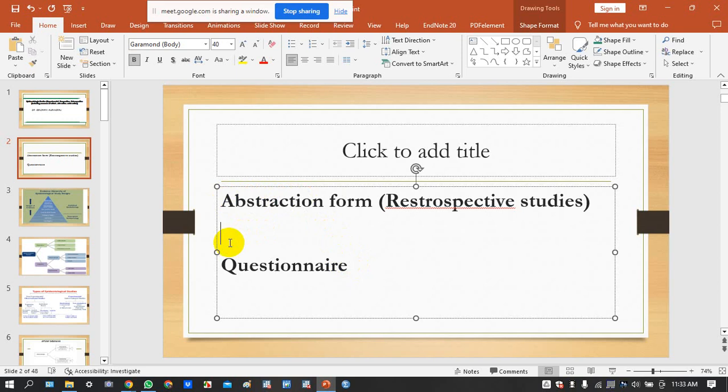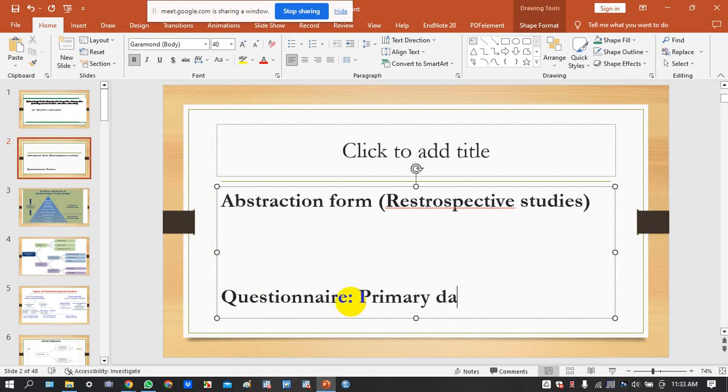So for a questionnaire, if the patient is there, you use the questionnaire to take information from the patient, and the kind of information you take from the patient is called primary data. If the patient is absent, as in a retrospective study, you are looking back.